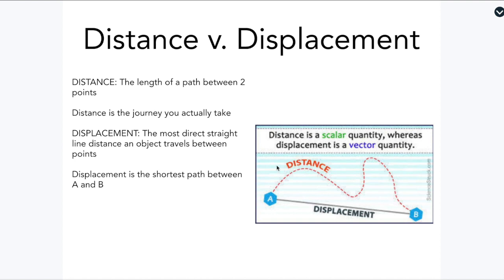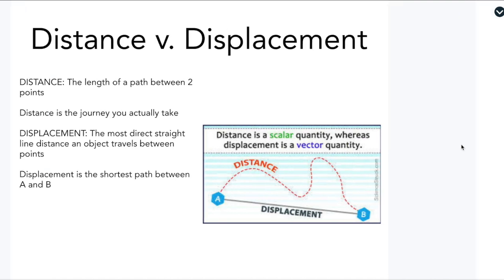Just so you're familiar, distance is a scalar quantity, whereas displacement is a vector quantity. That will come into play later, but it's not something we need to worry about too much right now.